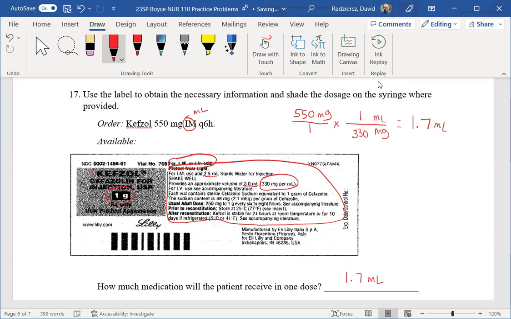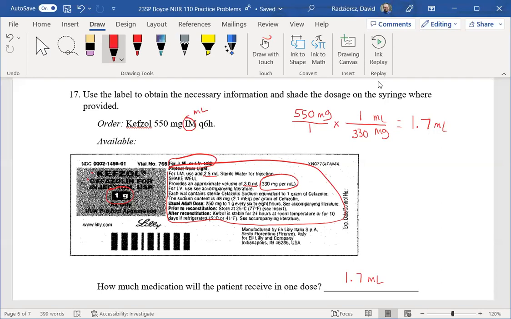I have a question. So your reconstitution conversion, is it always going to be in those parentheses on the side that you circled? I would love to say yes, absolutely, but no. It just depends.